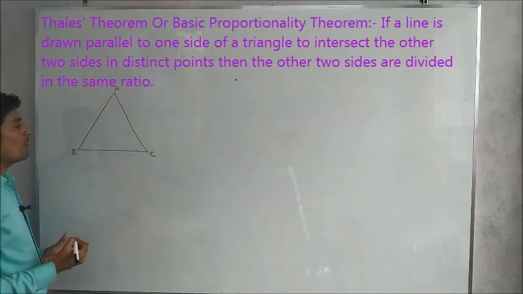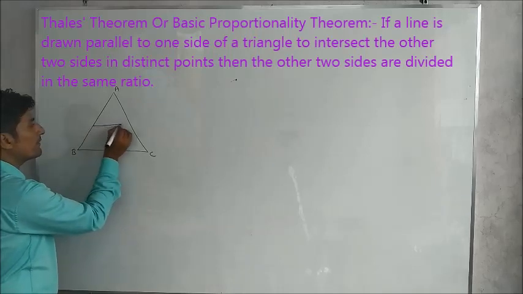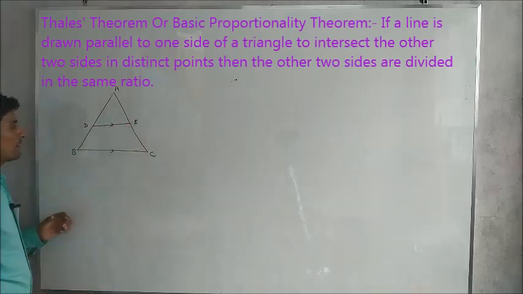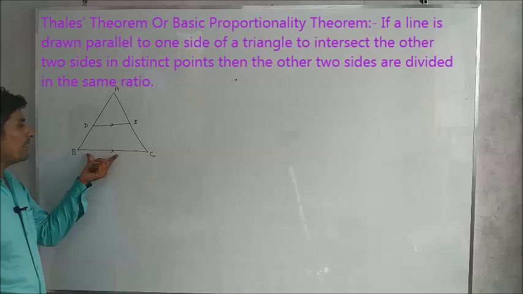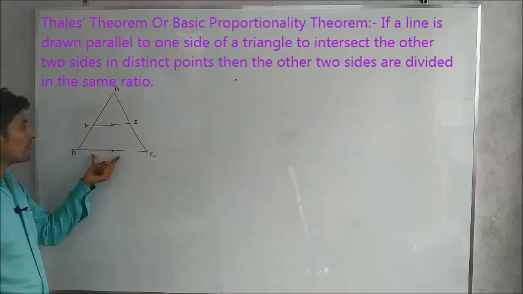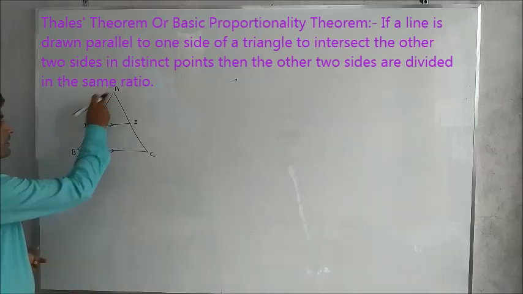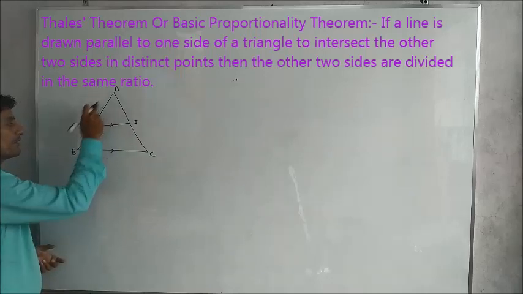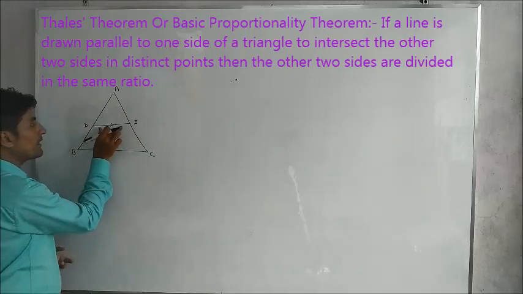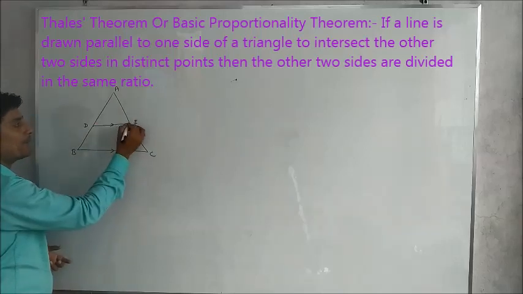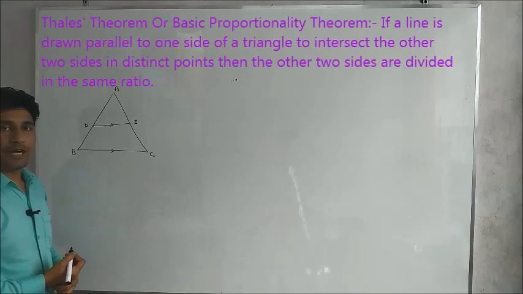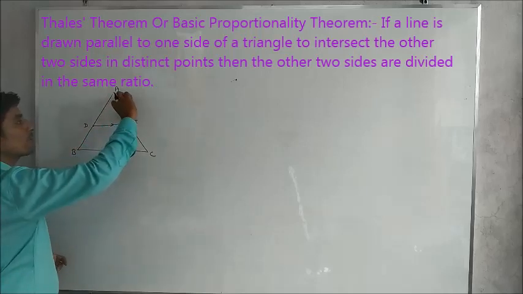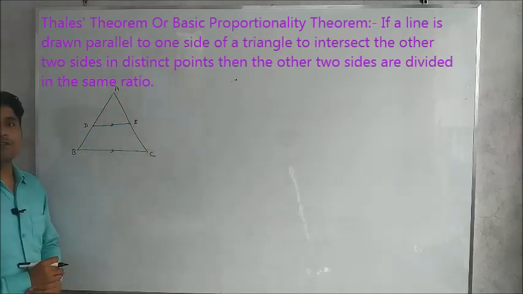In this triangle, we draw a line parallel to BC, suppose this line is DE. The line DE intersects AB at point D and AC at point E. Then the other two sides are divided in the same ratio, meaning the ratio of AD upon DB is equal to AE upon EC. This we have to prove.